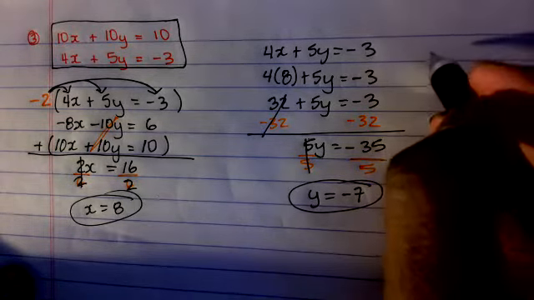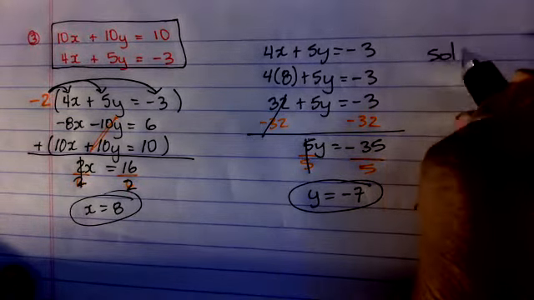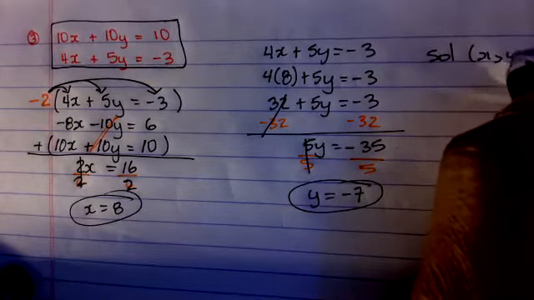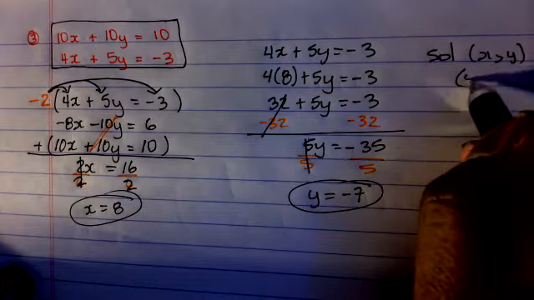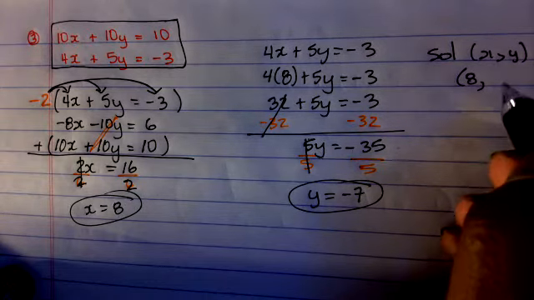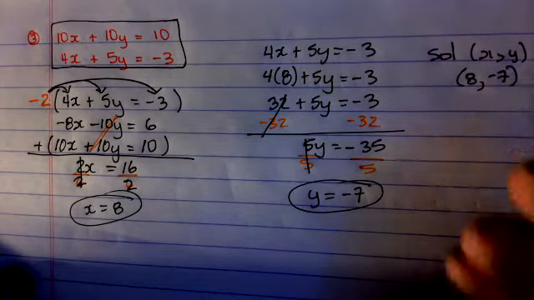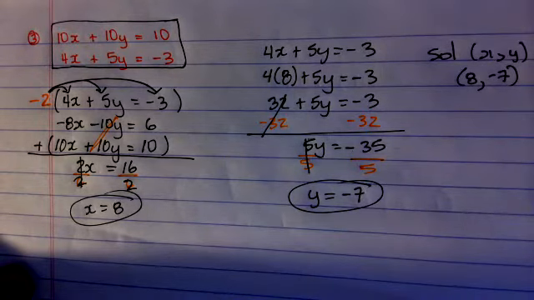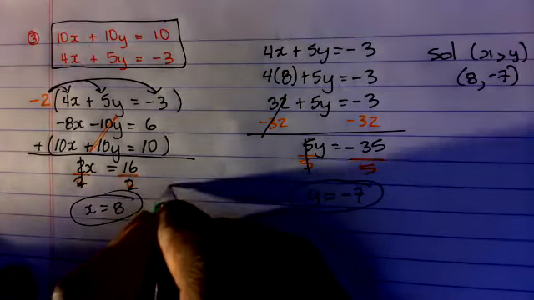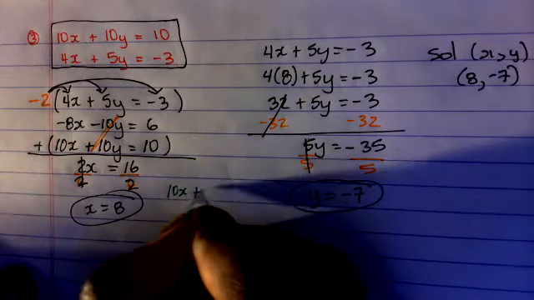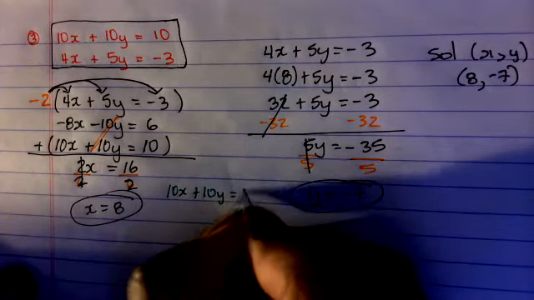So my solution in terms of x and y, we know it's going to be x is 8 and y is -7. But again, I still have to check my answer, so I'm going to choose one. Let's say I choose 10x plus 10y equals 10.